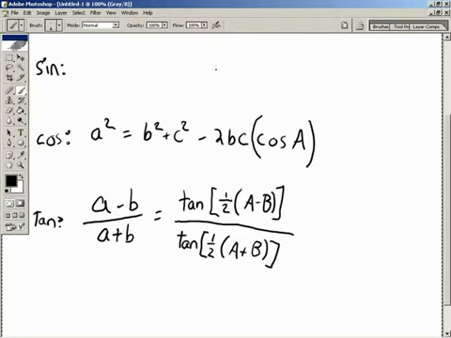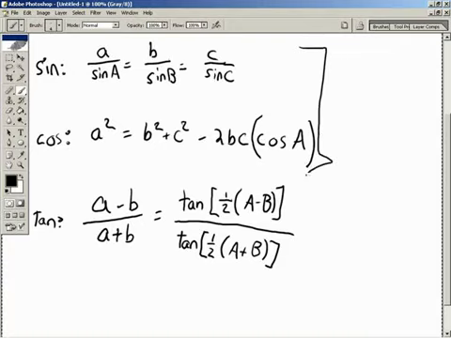A divided by sine A equals B divided by sine B, and C divided by sine C. Exactly. So here, in any triangle, these hold true.